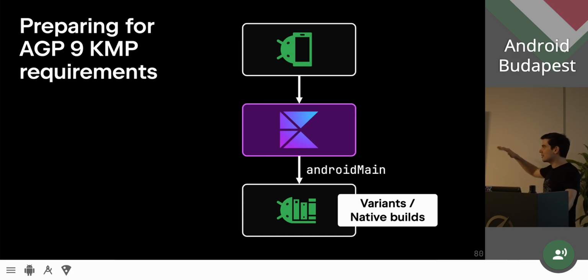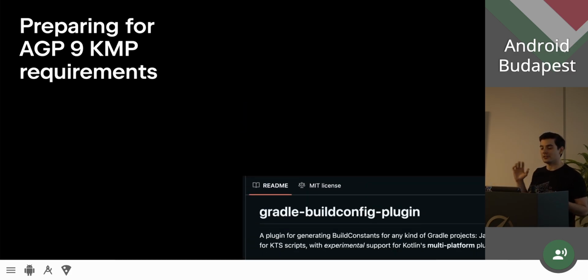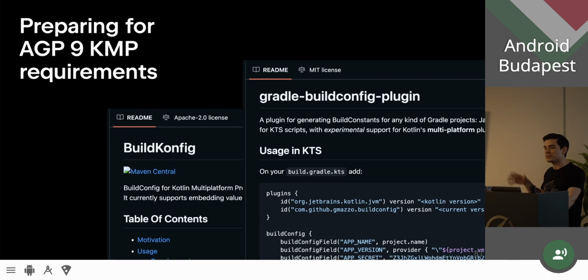So this kind of isolation is worth doing before you go KMP, because you will be forced to move these features outside of the KMP modules. And then a very similar thing, which kind of comes with variants, is if you're using build config for anything, that's obviously an Android feature, so it's not going to work on other platforms, but there are alternatives such as these two plugins that you can pick up and use build config even on multi-platform.